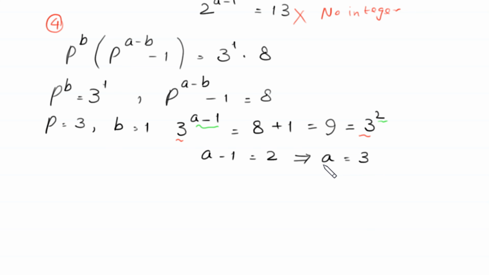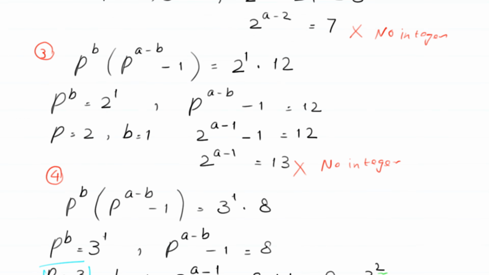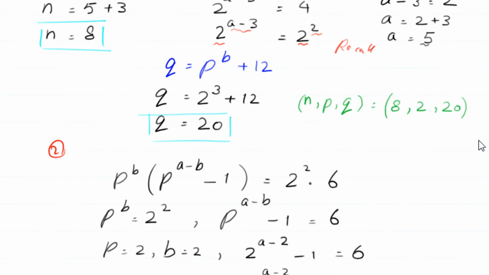And from here, this implies that a is equal to 3. And because n is equal to a plus b, then n will be equal to 3 plus 1, and n will be equal to 4. Now we have value of p 3 and value of n 4. Now to find value of q, we use this equation q is equal to p to the power b plus 12.